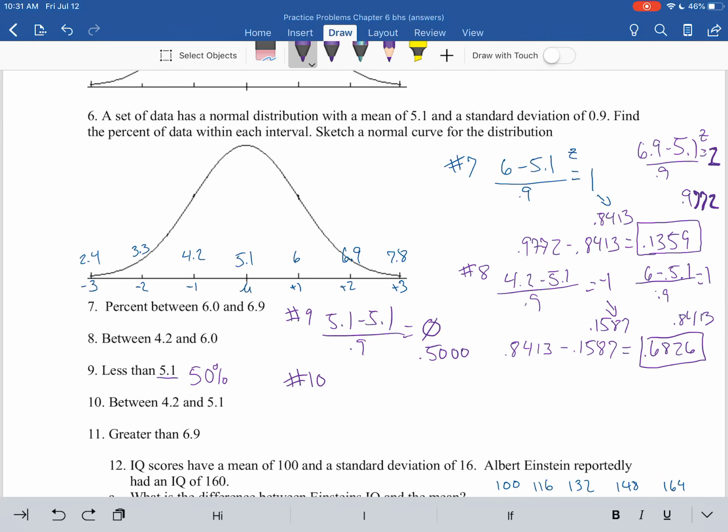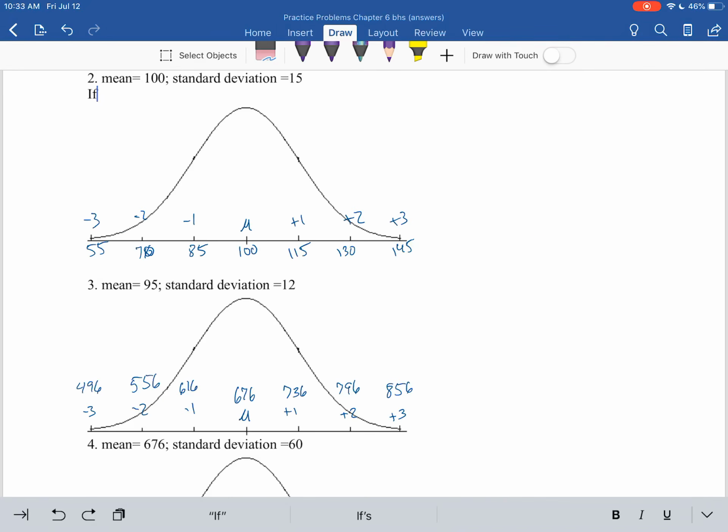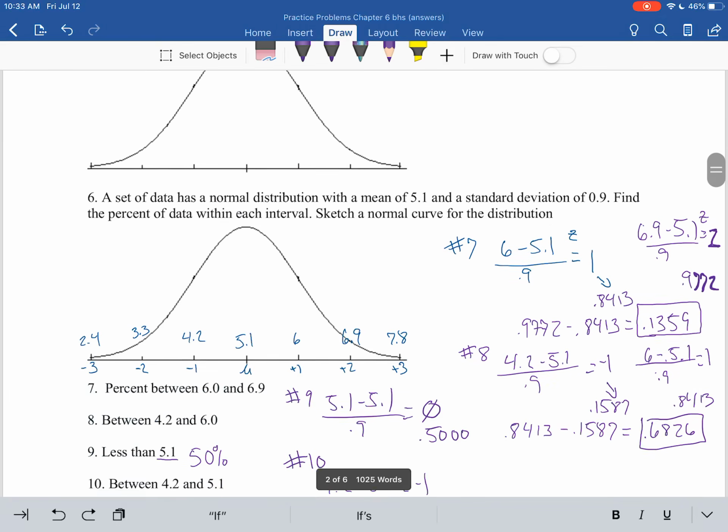If we do number 10, written out here, I don't like the way that looks, it looks a little confusing, we'll go below it. 4.2 minus 5.1 divided by 0.9 equals a value of negative 1. Value of negative 1, remember we did that in problem 8. 0.1587, and oh, sorry about that.